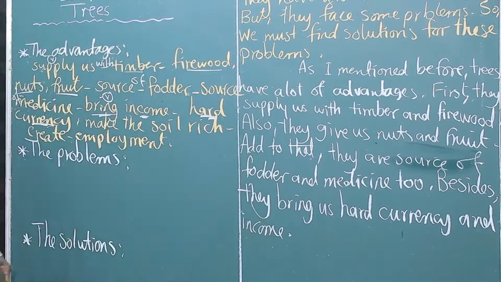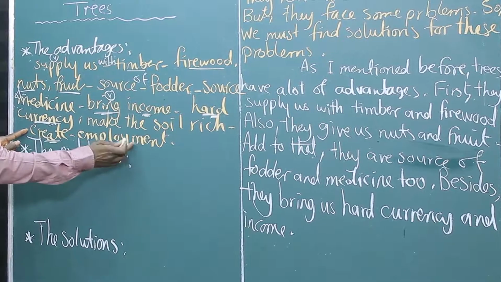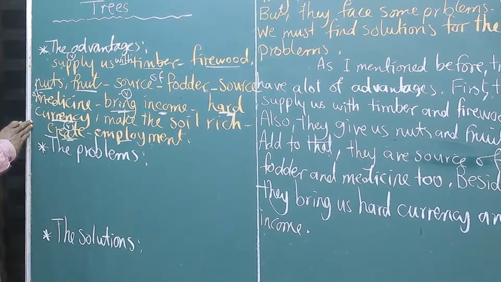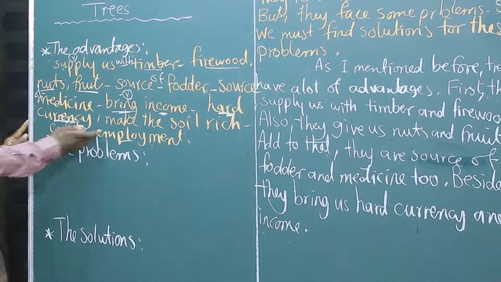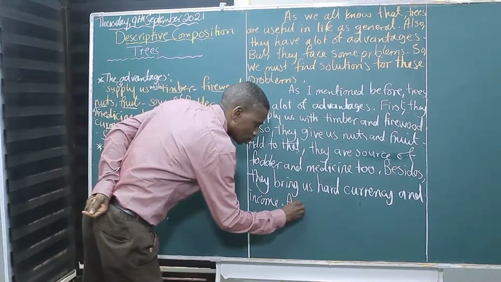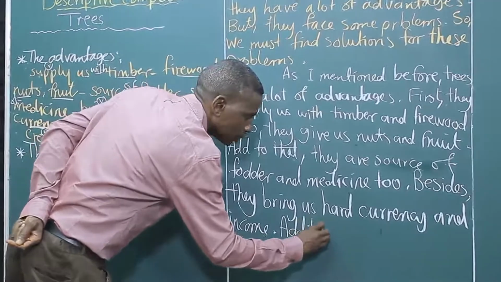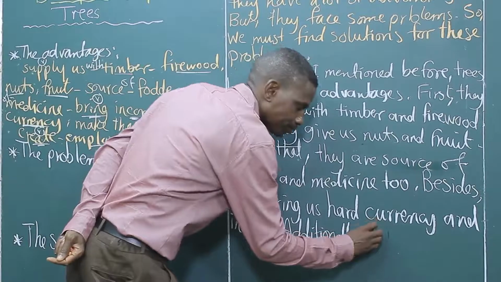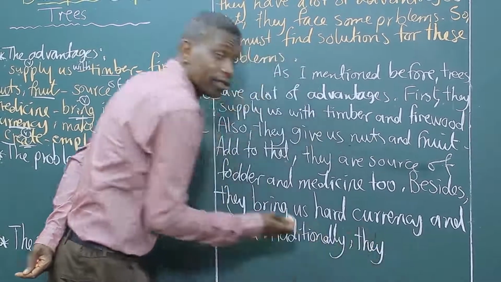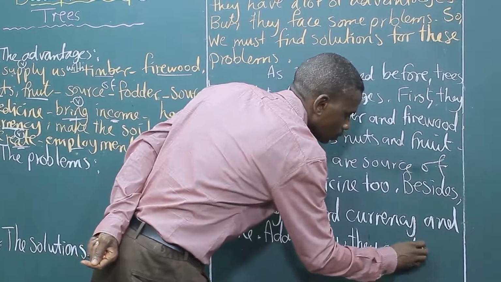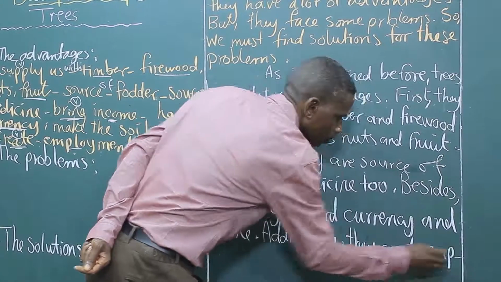Full stop. And we got create employment. Trees create employment. So create is the verb. The subject is trees. So subject, verb, object. Trees create employment. Additionally is the keyword. Additionally, they, referring to trees, create employment.